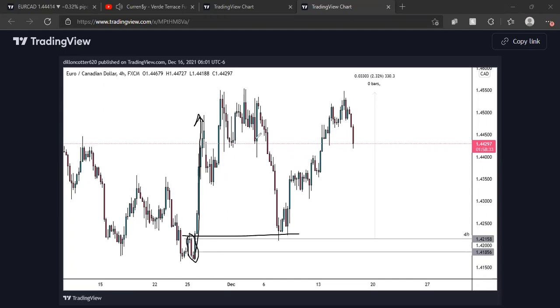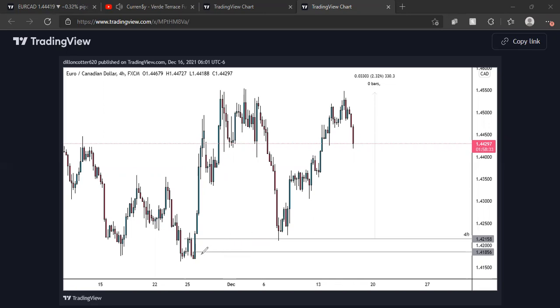So price retraced back down into that last point of selling before the huge buy off. This is giving me an indication that this demand zone could be pretty volatile, could have some type of rejection, whether it be 100 pips, 200 pips, 330 pips. It's some type of reaction.